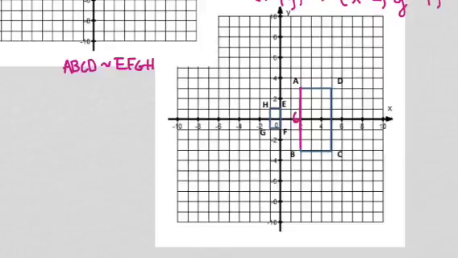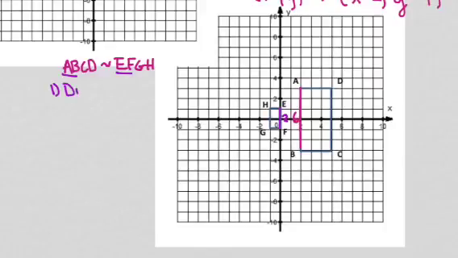And match it up. So if I match it up, AB matches with EF, which is 2. So since I want to make the smaller one bigger, I would say my scale factor is 3. So now I have to dilate.